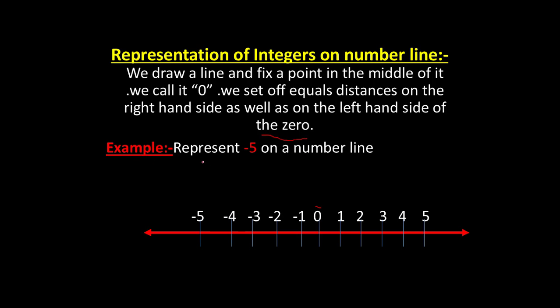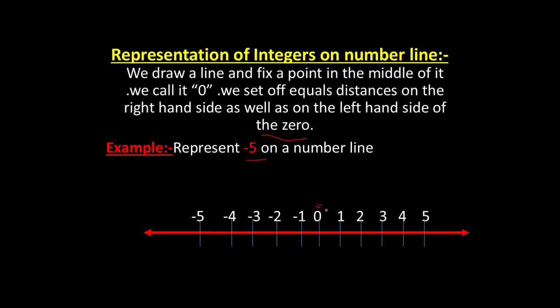Let's solve an example. First, represent -5 on a number line. Firstly, we draw a line and mark a fixed point. Generally, we mark it in the middle of the line, that is 0.